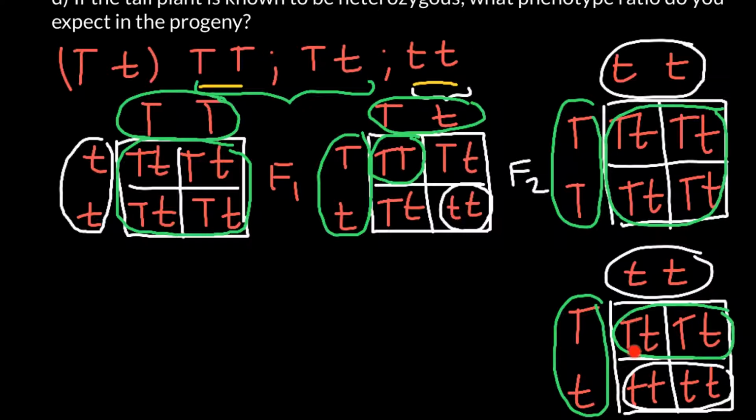But if the result is 50% tall and 50% small progeny, then we know that the unknown plant, with known phenotype but unknown genotype, is heterozygous. This is what we call a test cross. This Punnett square is an example of the test cross.